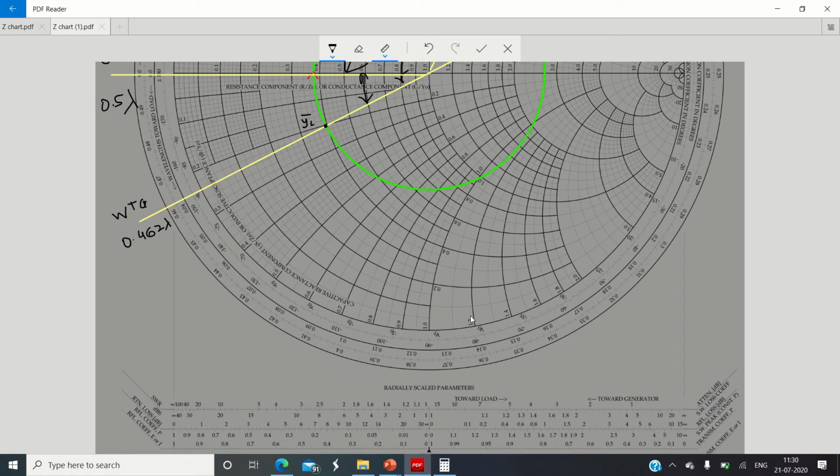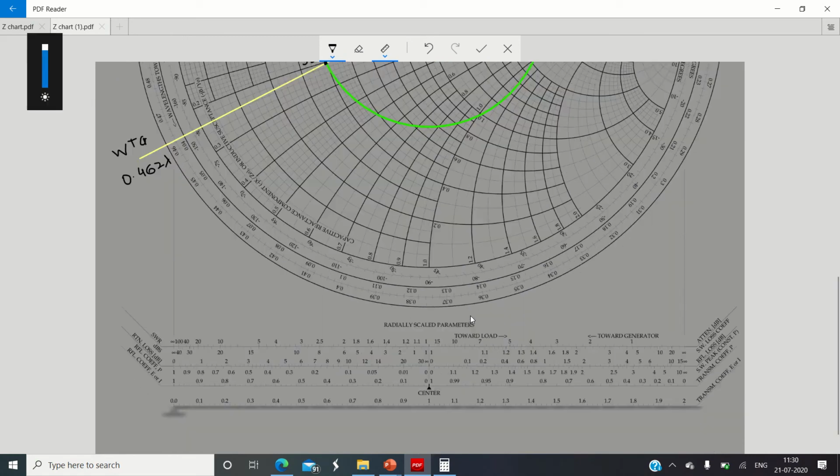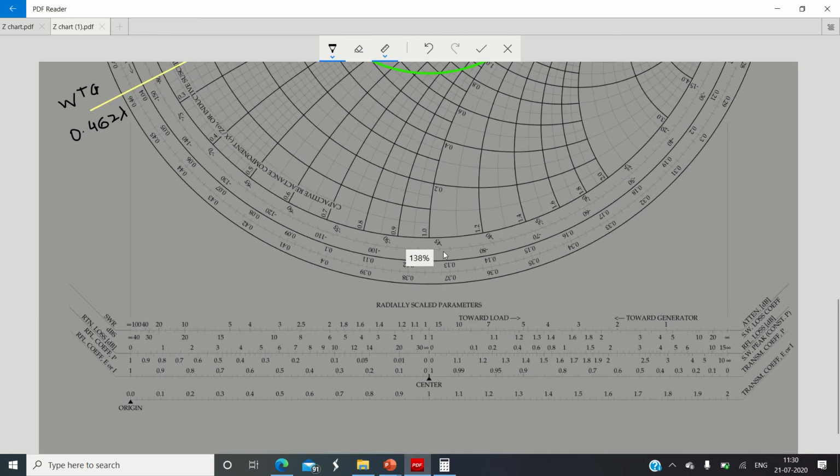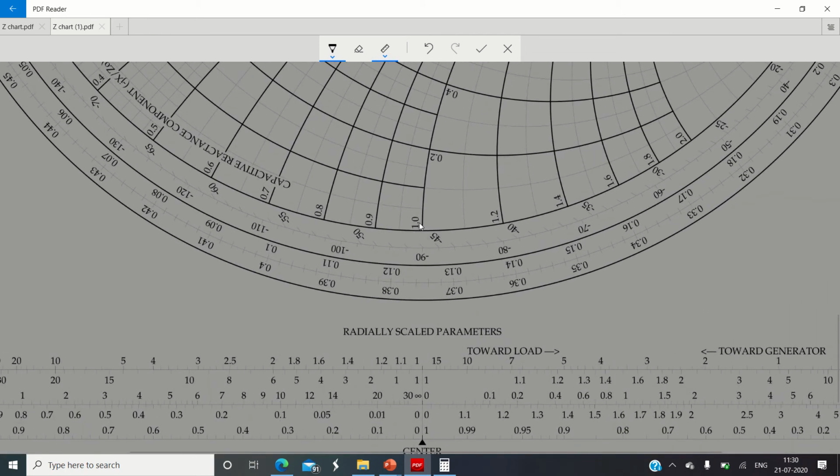So here you will locate the minus J1 point over here. Okay. So if you zoom in over here, the negative susceptance is indicated over here. Okay, so please remember again, we are following the sign convention of impedance chart originally, but still we are calling it an admittance, right? So here I will denote that point.